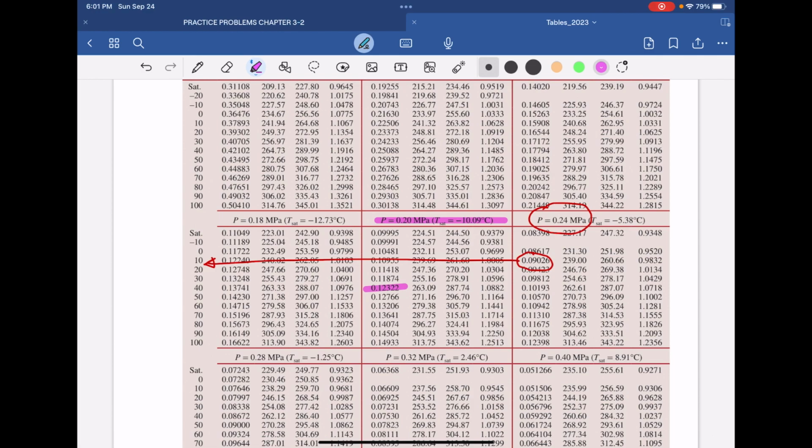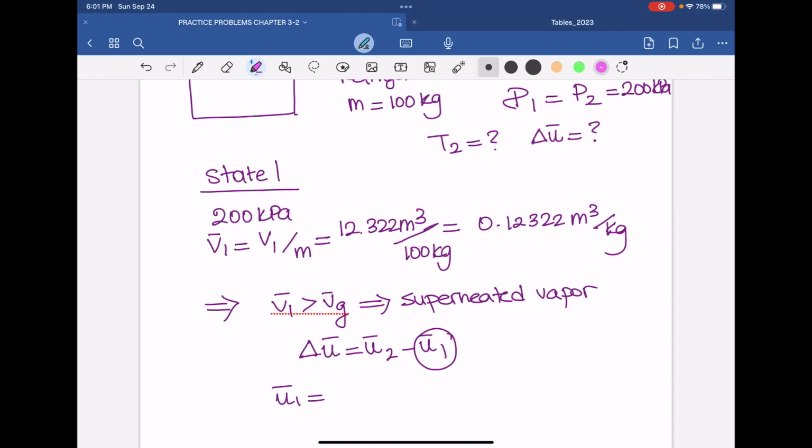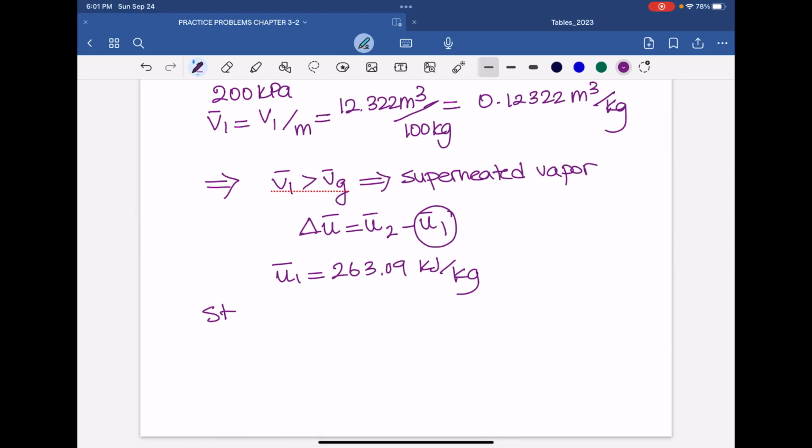So that means the corresponding internal energy we can read: 263.09. Good, now we can look at the state 2 properties.